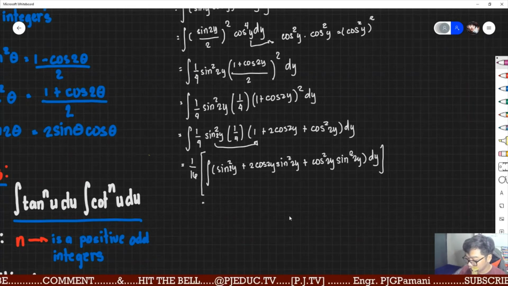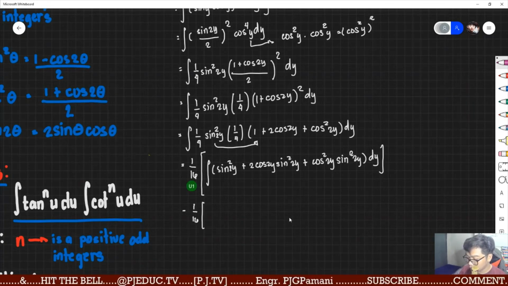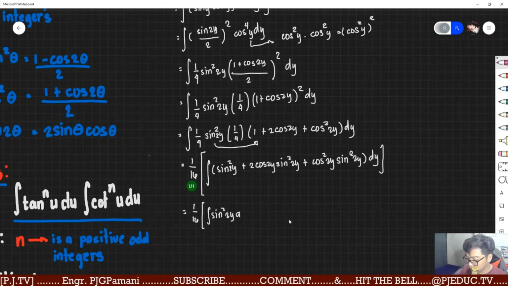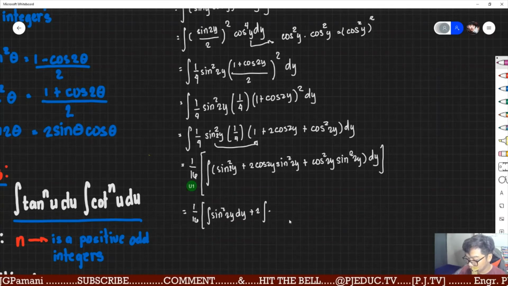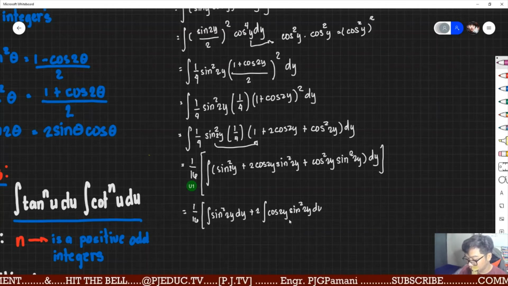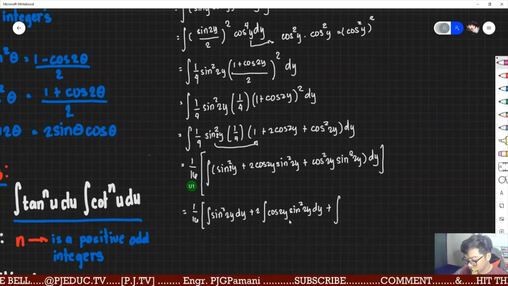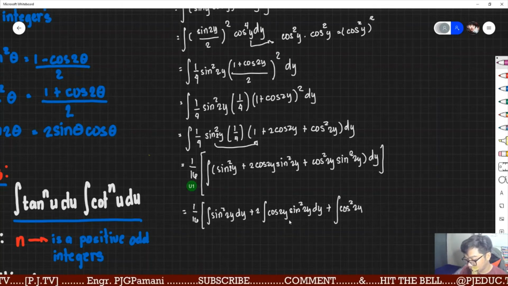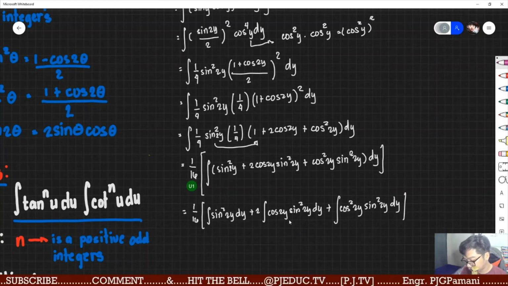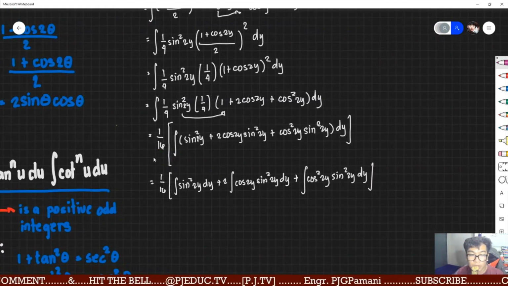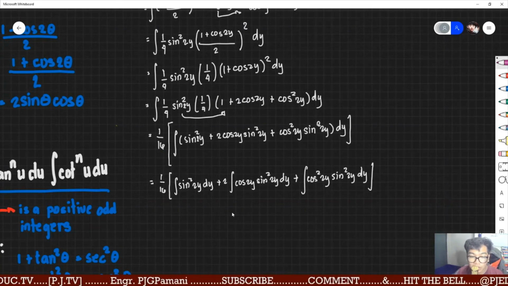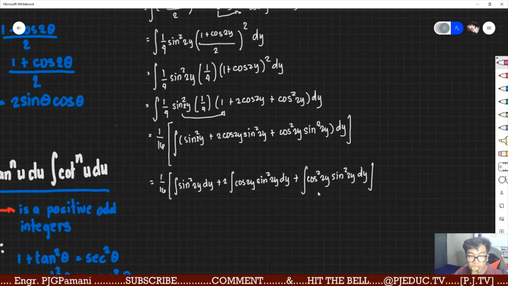Distribute natin si integral sign. Huwag niyong kakalimutan si 1/16 ha. Integral sign. Sine squared 2y dy plus 2 integral of cosine 2y sine squared 2y dy plus integral of cosine squared 2y times sine squared 2y dy. Notice the common terms with each of these integrands. Pwede nating i-integrate yung iba na dyan, then transform ulit yung isang term.